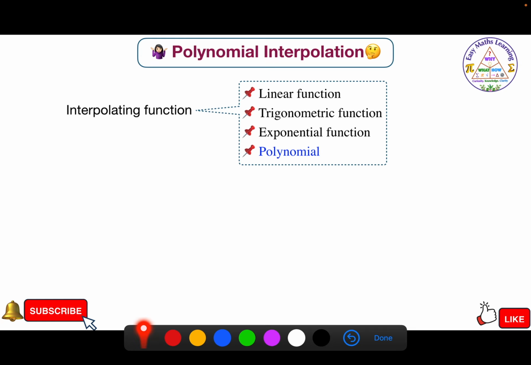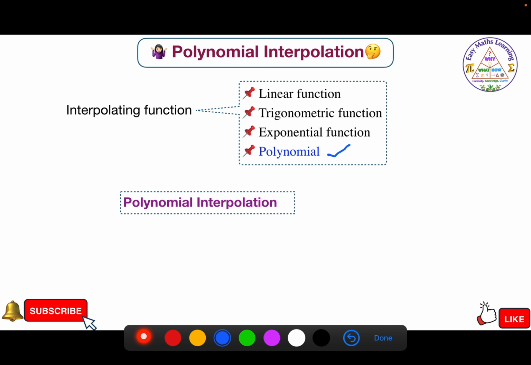But in numerical analysis, the most commonly used function is polynomial. Why polynomial? Because polynomials are easy to differentiate, easy to integrate, flexible in shape, and suitable for most of the numerical problems. That's why we prefer polynomial functions.